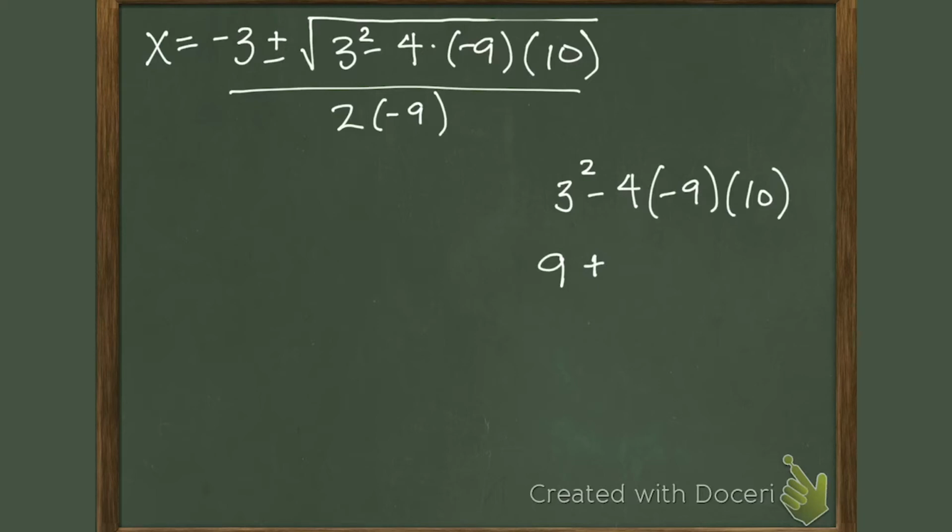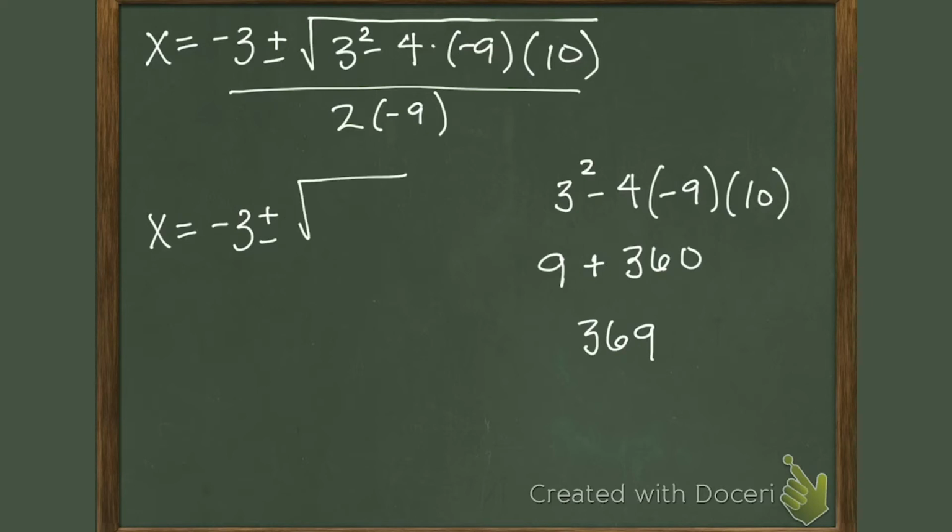So 4 times 9 is 36. 36 times 10 is 360. And that is 369.